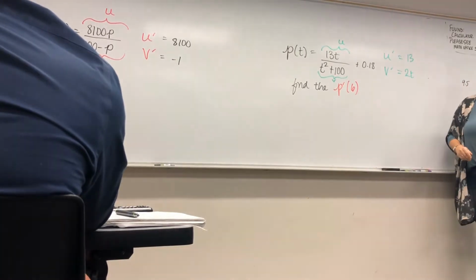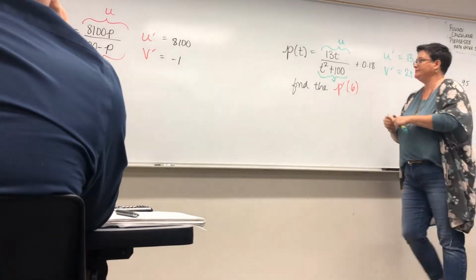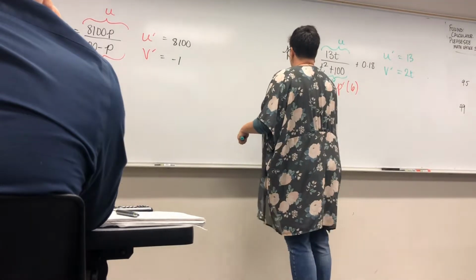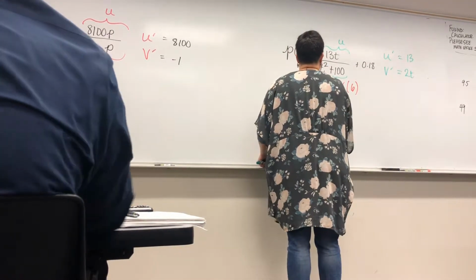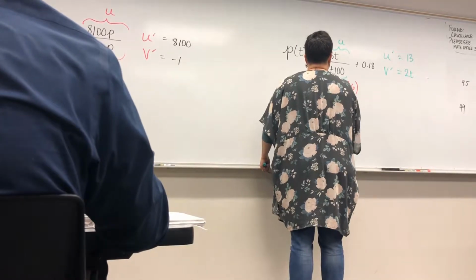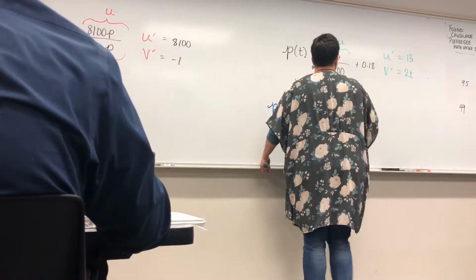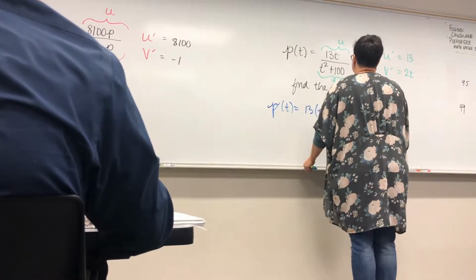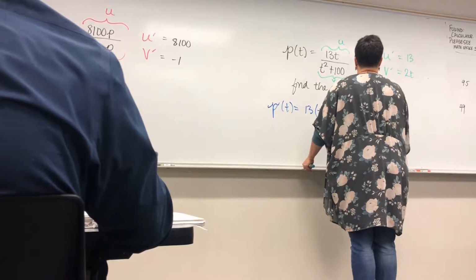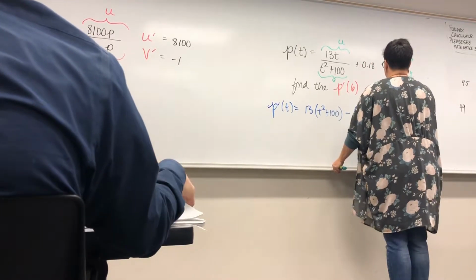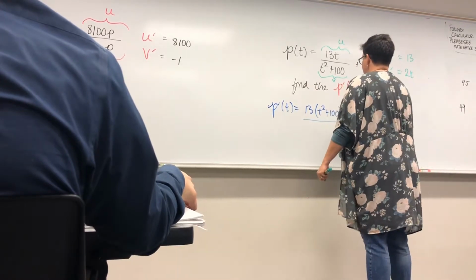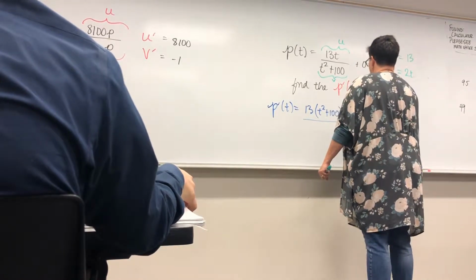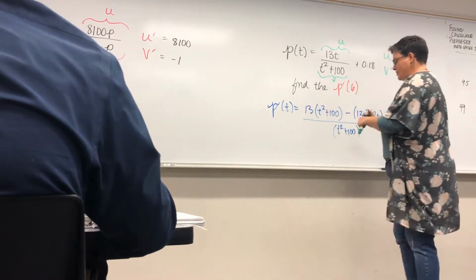So the derivative, p prime of t, is going to be u prime 13 times v, t squared plus 100, minus u, 13t, times v prime, which is 2t, divided by v squared, t squared plus 100, quantity squared. Now what do I do?